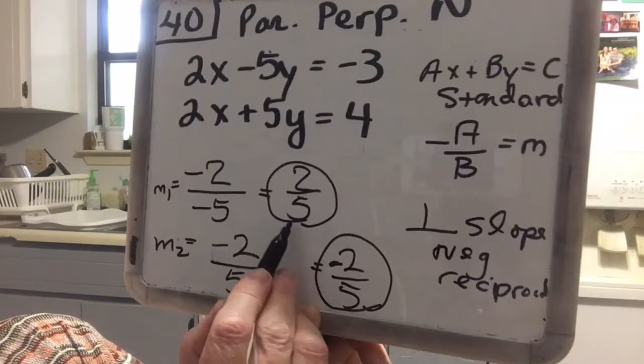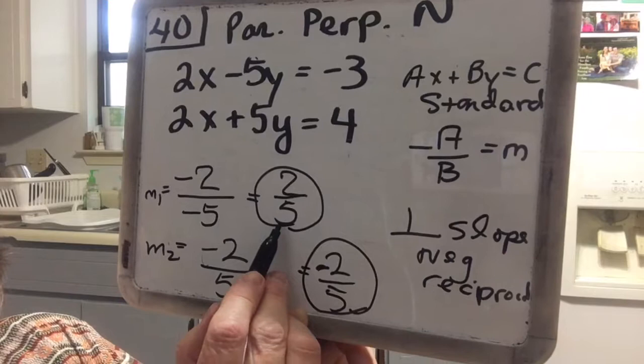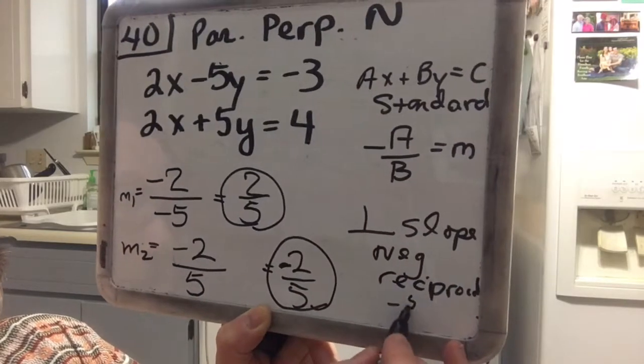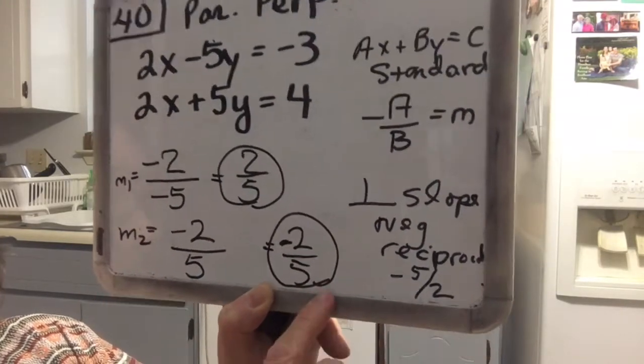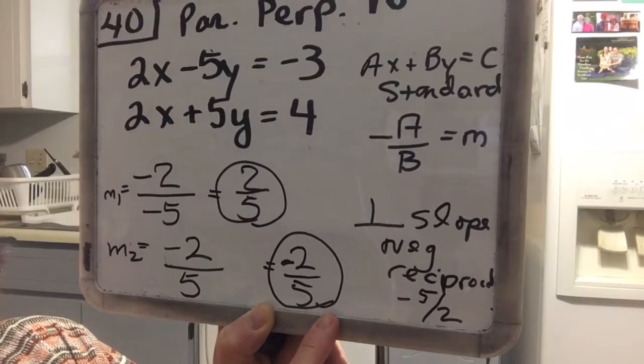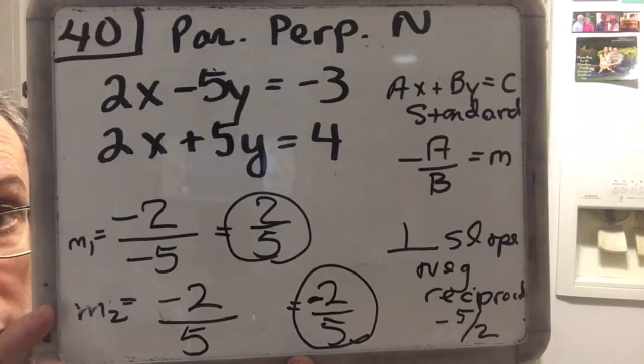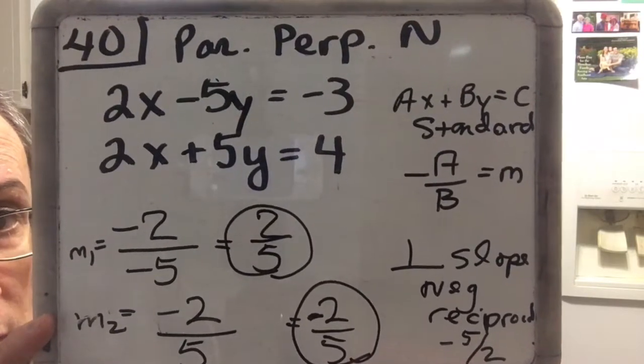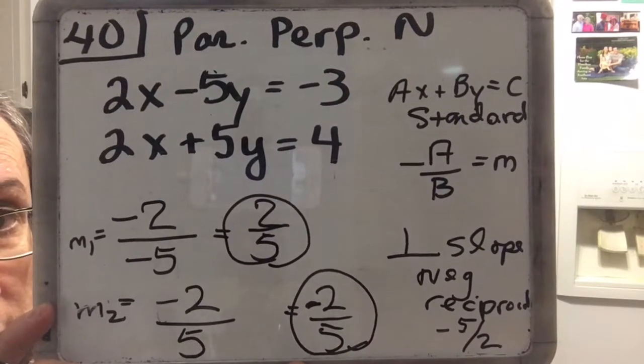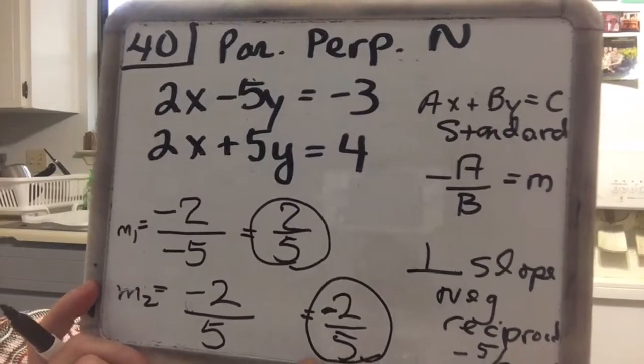The negative reciprocal of 2/5 would be negative 5/2. But this one is not negative 5/2. So we have a neither situation. This one is neither parallel nor perpendicular. Okay, that was number 40.